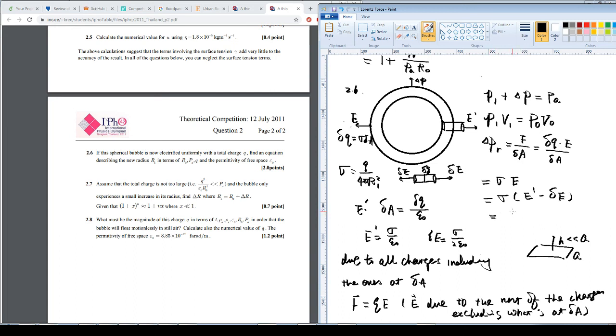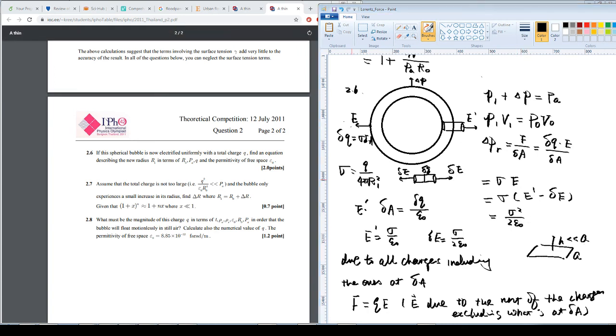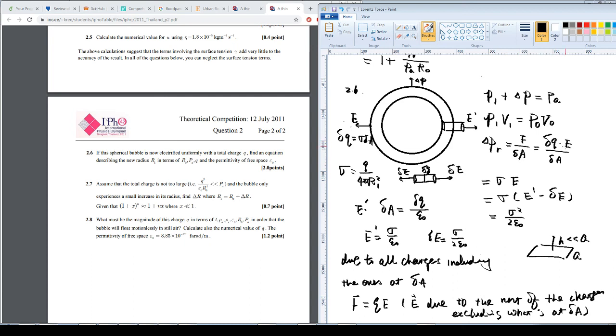Therefore, it's sigma squared over 2 epsilon naught. Oh, did I drop my delta QE?